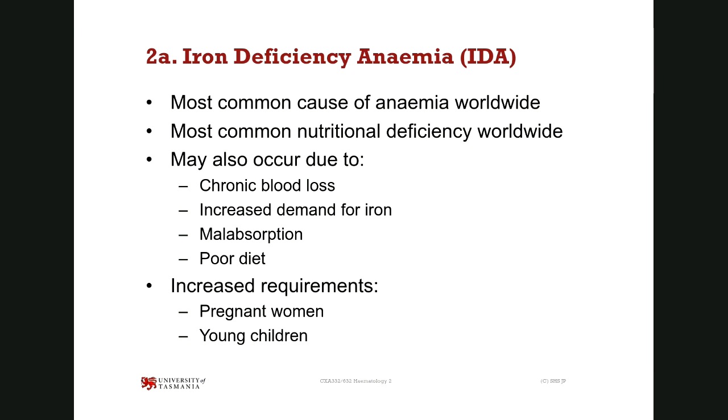So it is most commonly caused by iron intake failing to meet the cellular demand for iron. This can be either nutritional deficiency or increased demand, and less commonly due to actual loss of iron in chronic blood loss, some sort of impediment to iron absorption, so something wrong with the gut, or competition for the available iron.